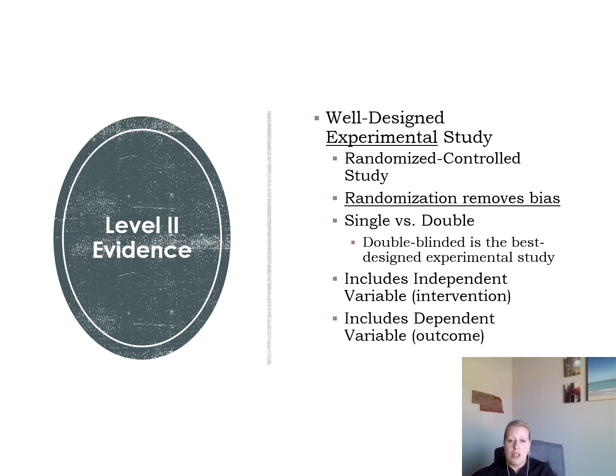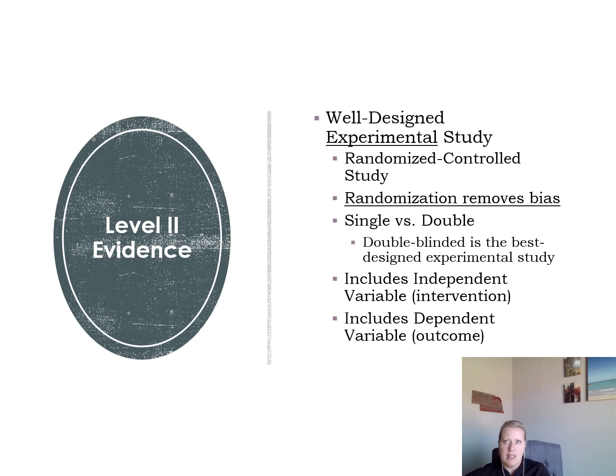So you can have single blinded, which means that the participant doesn't know which one they're in, and double-blinded means not even the scientist or the primary investigator knows which group they're in. And that's easiest to do when it's a drug because you can make them look the same. In clinical research, the kind of research that I do, that would be very difficult.